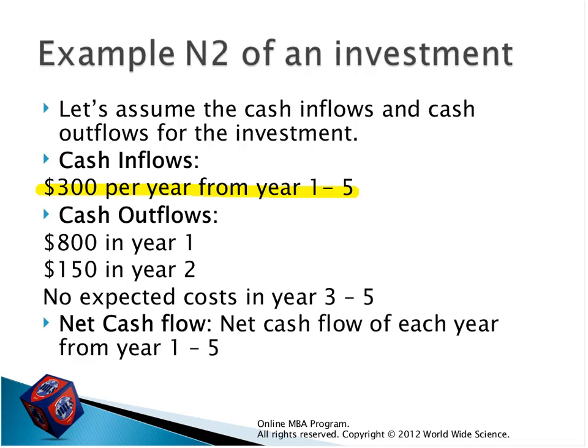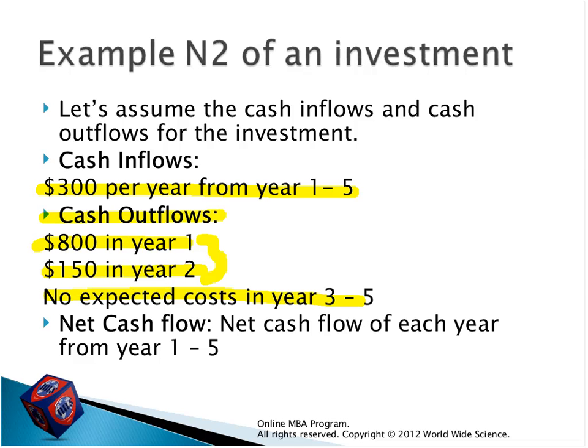And the cash outflows, the money we are going to invest in the project, are 800 in the first year and 150 in the second year, and there is no expected cost in years 3 to 5. So we have some cost only for the first 2 years.